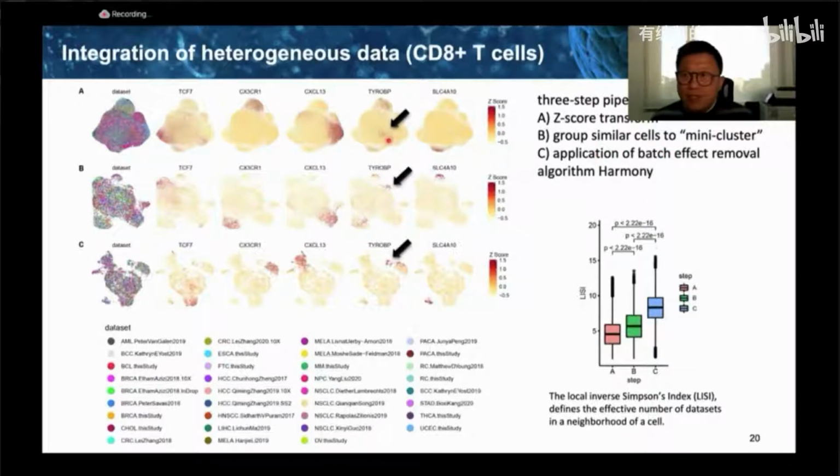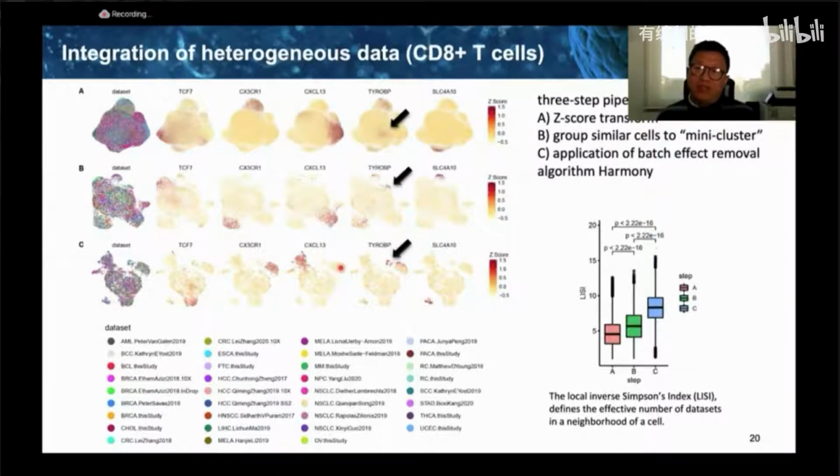As you can see from the UMAP plots here, from step 1 to 2 to 3, the cells are properly mixed, but the signals become crisper. They are more crystallized. At the end we have fairly good separation of the cell types, and we can use such metadata for data analysis.